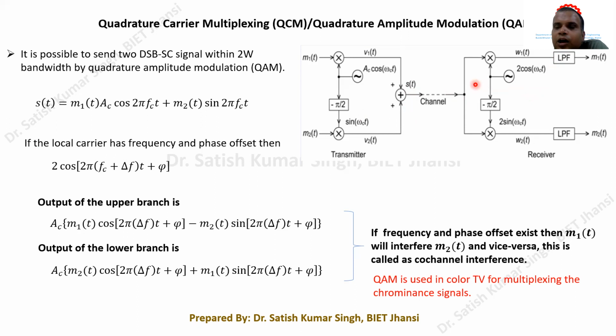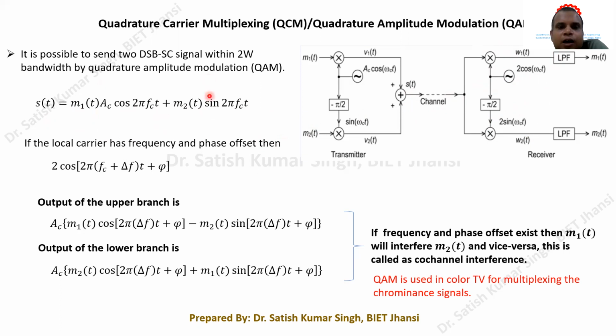For example, in the upper arm the demodulation scheme is synchronous demodulation, in which I am multiplying by 2 cos omega ct as the carrier. The other carrier is 2 sin omega ct. If we multiply by 2 cos omega ct in this equation, you will be able to separate out m1(t), and m2(t) will be completely lost.